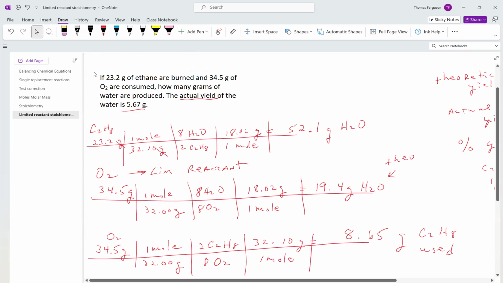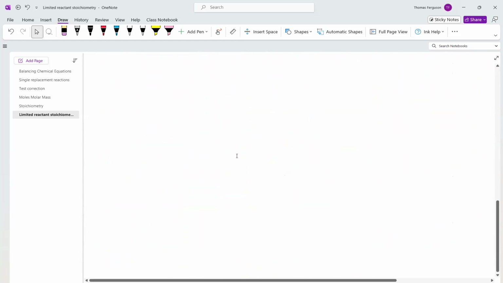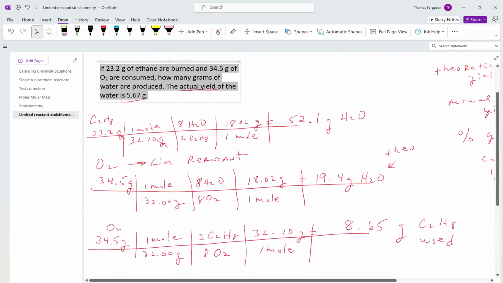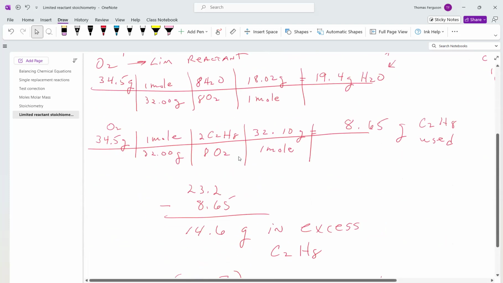Let's do some gaseous stuff instead of grams. Now, when you're doing these problems, figure a whole page per problem. You have plenty of room, and don't try to jam it all into something small.